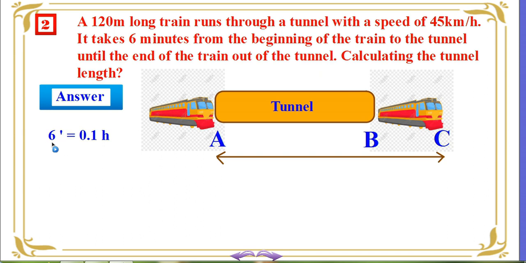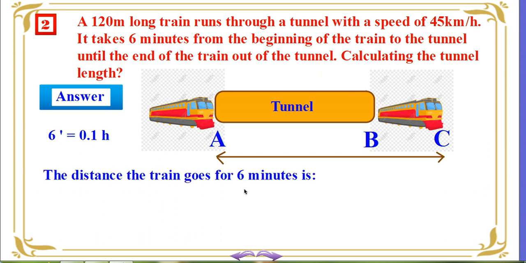Then we have 6 minutes equals 0.1 hour. To find the distance, we take the speed times time. So the distance the train goes in 6 minutes is 45 multiplied by 0.1 to get 4.5 kilometers. This unit is not the same unit as the train length.